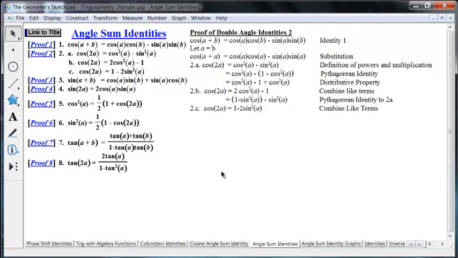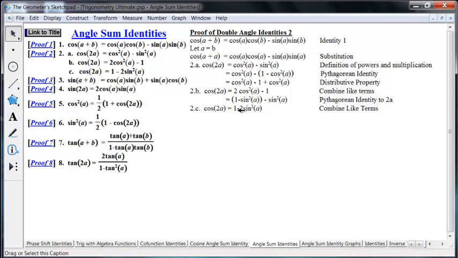But this time we replace the cosine square of A by 1 minus sine square of A. So we're going back not to the previous line here, but to the line up here. Cosine square A minus sine square A, and replacing cosine square A as 1 minus sine square. And then we combine like terms here, and that becomes 1 minus 2 sine square of A.